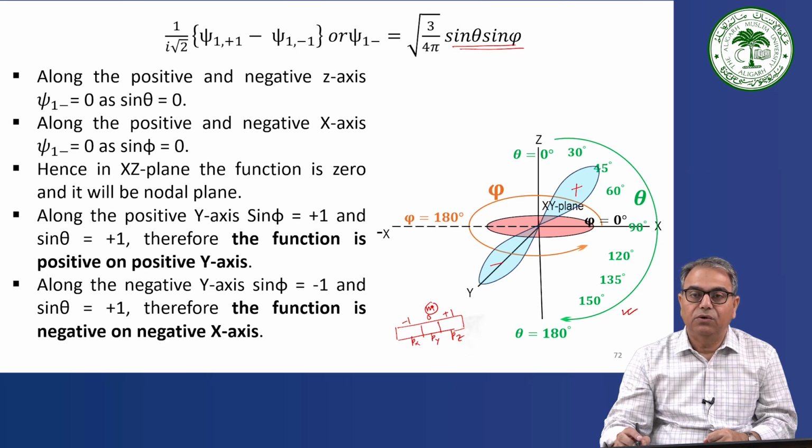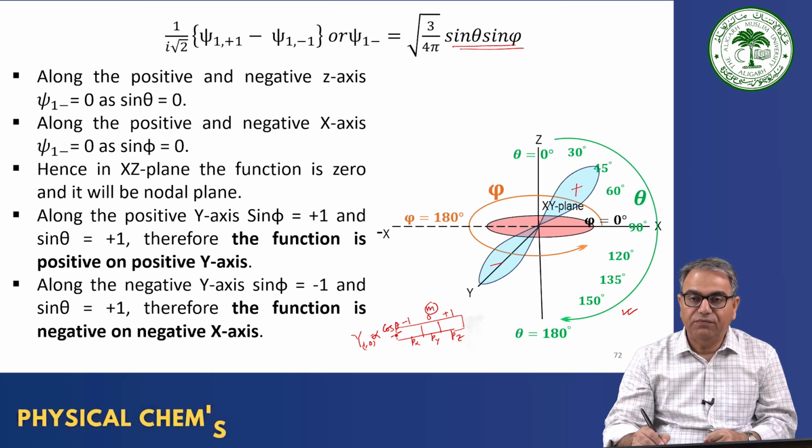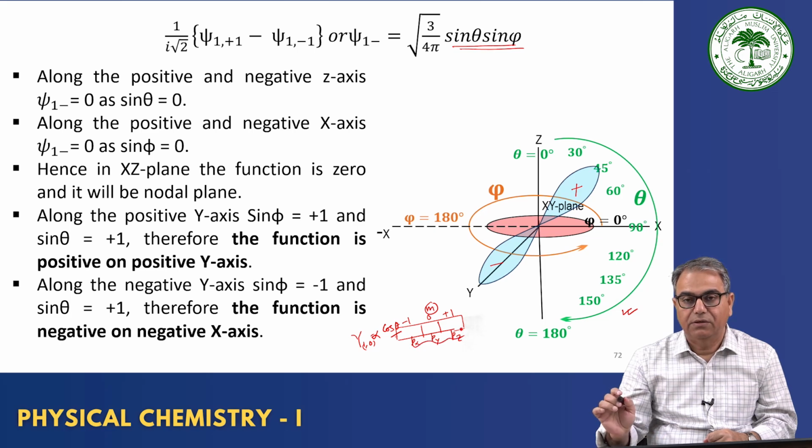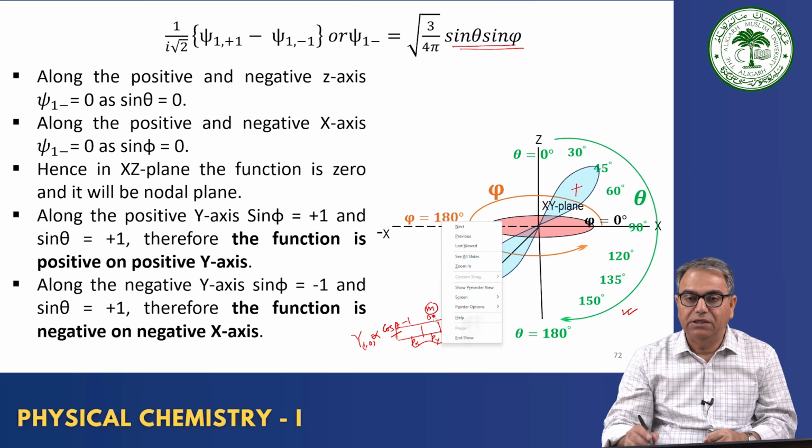M equal to 0 is giving you Y 1 0, and Y 1 0 is proportional to cos theta, and the plot of this has given you pz orbital. So whenever you write the magnetic quantum number, you don't write this designation, then you are right. And whenever you write this designation, then you don't write the magnetic quantum number.